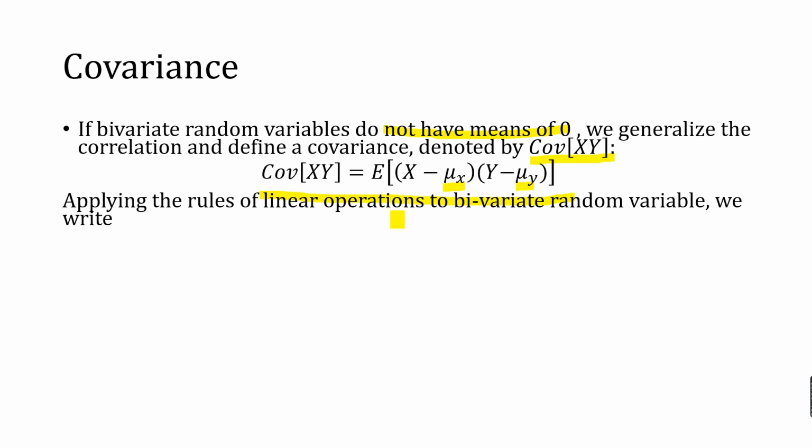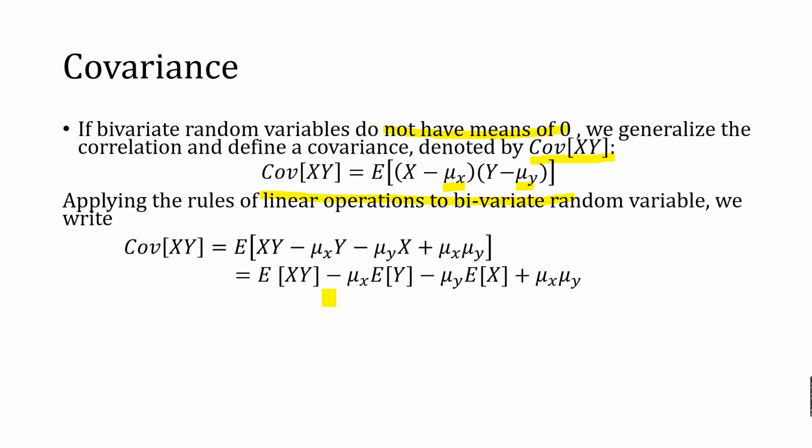Let us apply the linearity property to this equation. Multiply inside the bracket: x into y, minus mu y into x, minus mu x into y, plus mu x into mu y. Later, apply expectation inside the bracket: expectation of xy; mu x is a constant, take it outside.